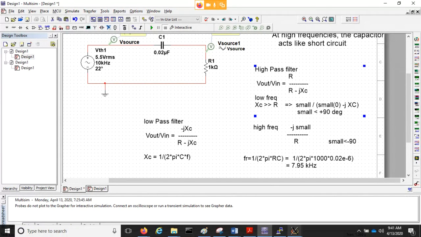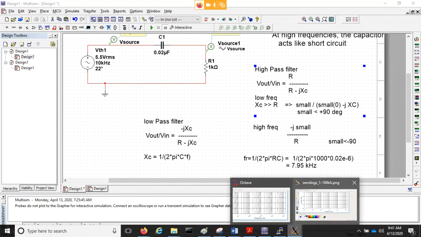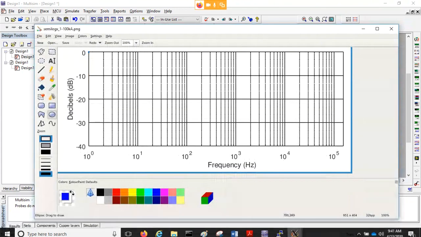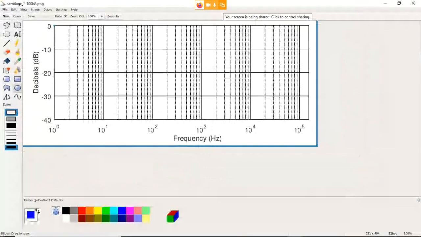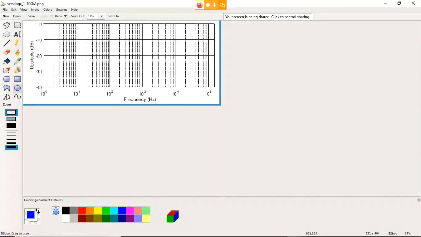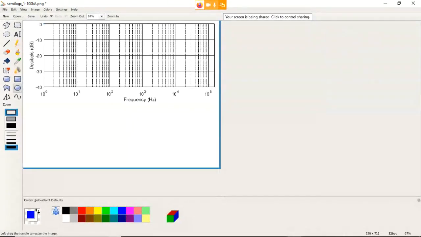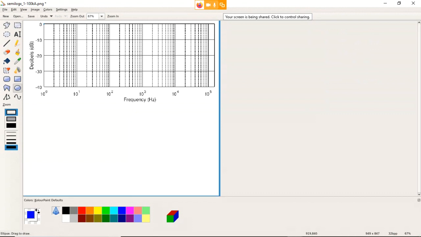So if we come over here and try to plot this, here's the original plot.